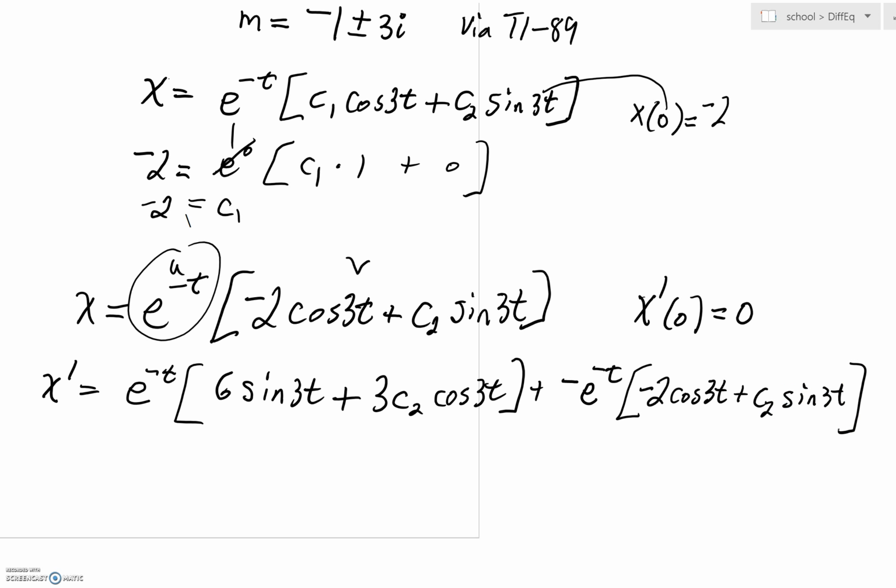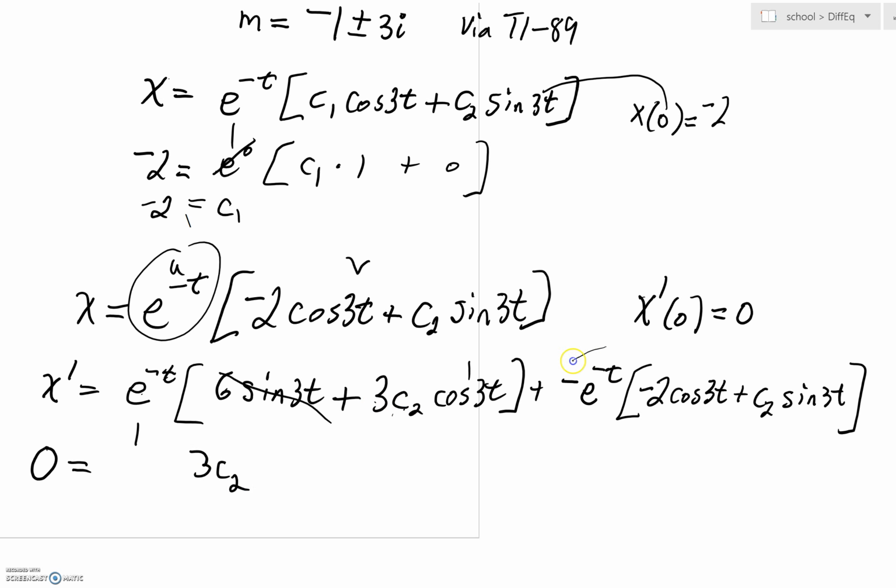So what's going to happen? We're plugging in a 0 for our t. E to the 0 is just going to be a 1. Sine of 0 is going to completely cancel out. Cosine of 0 is a 1, so it looks like I'll have a 3c2 from this point.